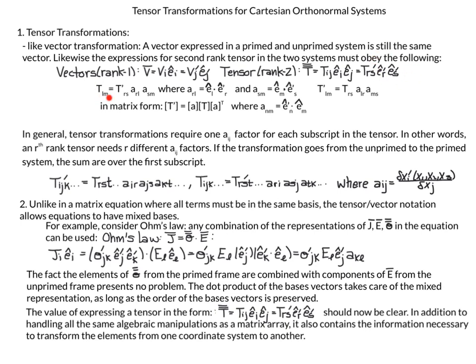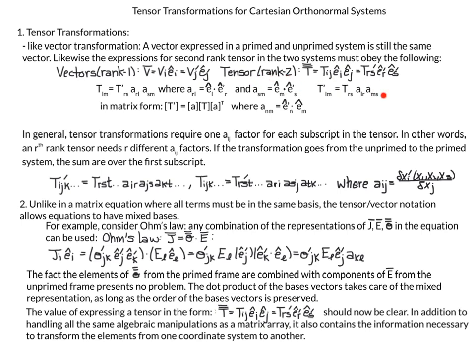We will derive this equation, and we can have our unprimed system related to our primed system with these two matrices, A_rl and A_sm, where A_rl are the basis vectors in the unprimed system dotted with basis vectors in the primed system. Similarly for A_sm.